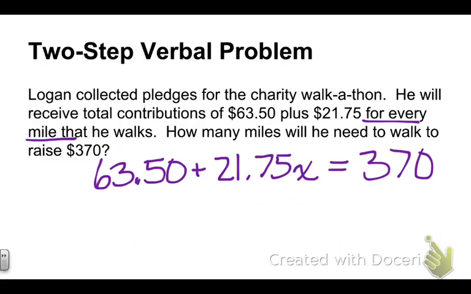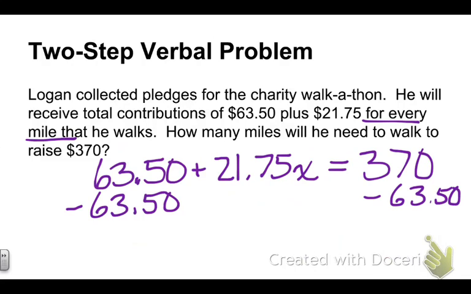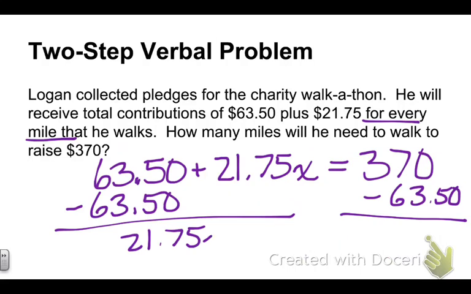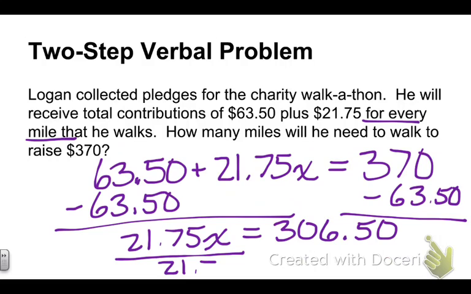So 63.50 is being added, so we are going to subtract $63.50 from each side. You're going to have $21.75 times x is equal to $306.50. And then x is being multiplied by 21.75, so divide by 21.75 on both sides.